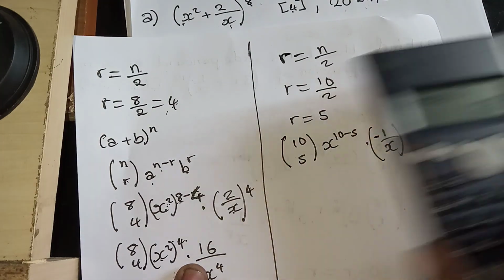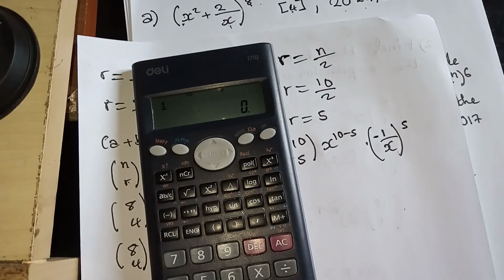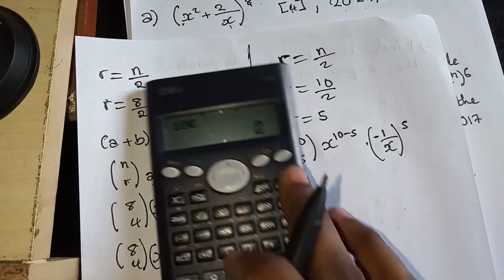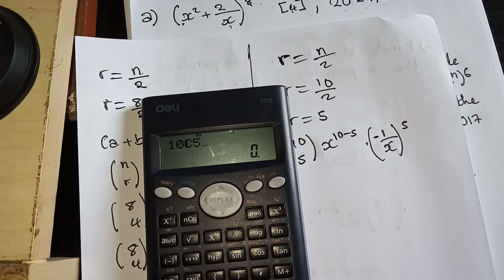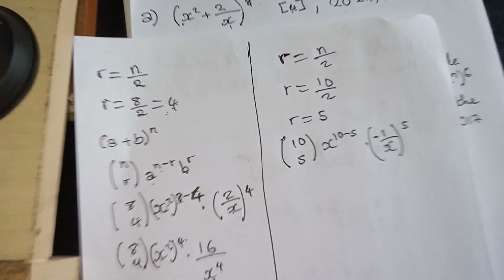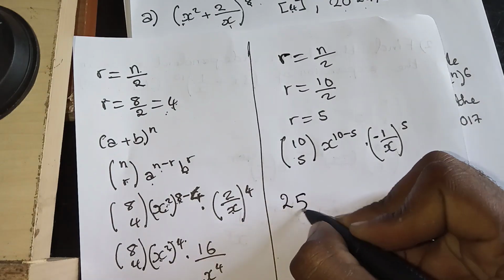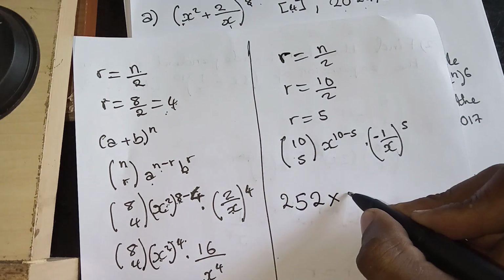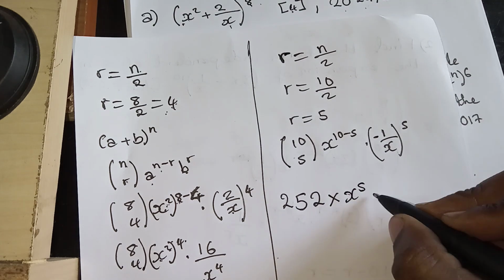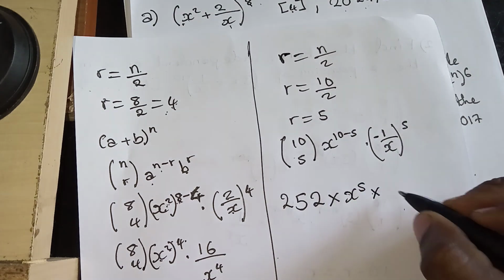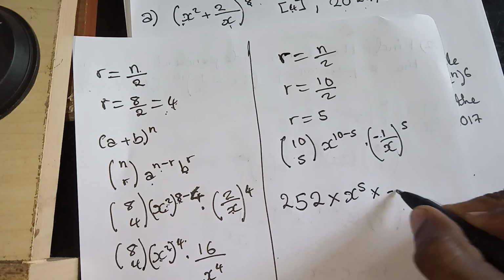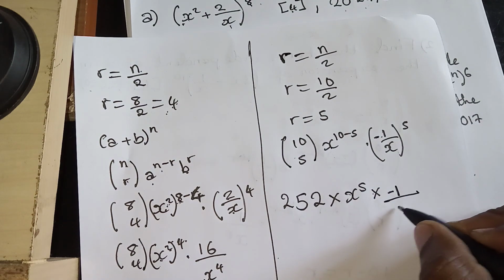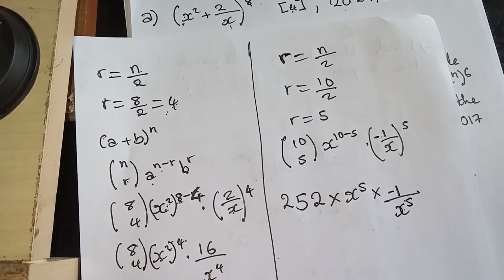So now we can punch in 10 choose 5, and this is 252 multiplied by x to the power 5 multiplied by negative 1 over x to the power 5.